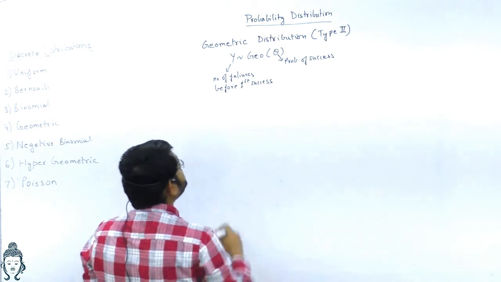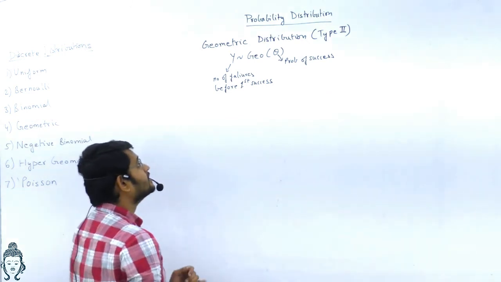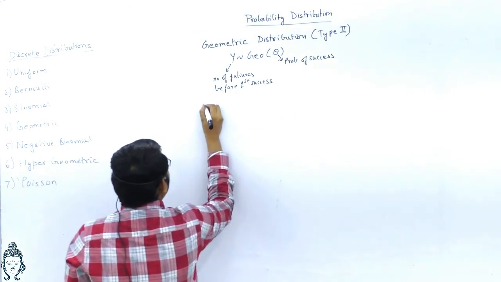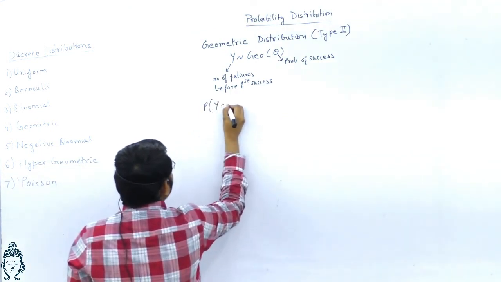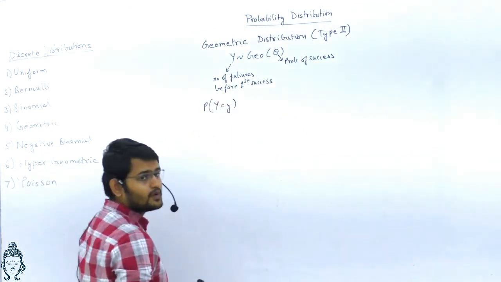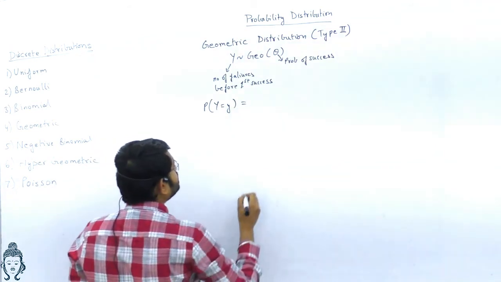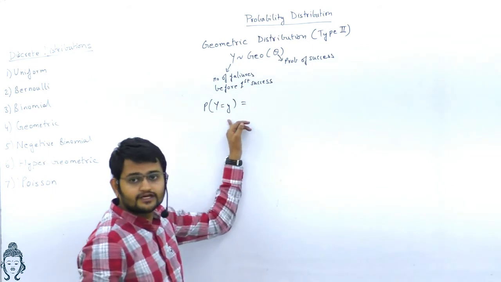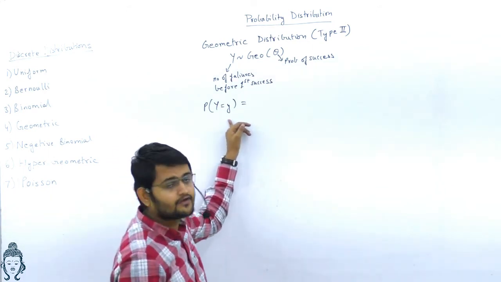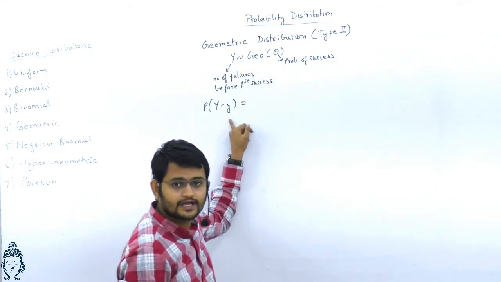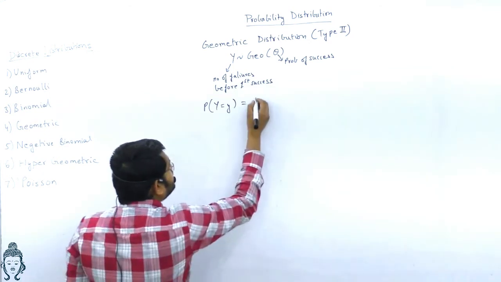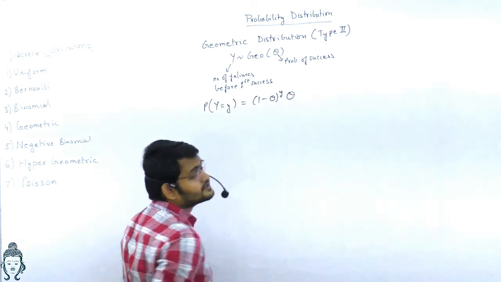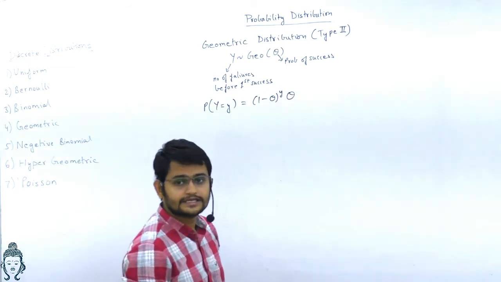So the number of failures before our first success, that becomes y. Now the probability that y is equal to a particular value y: if I have total y failures and then a success, I have total y plus 1 trials. So I have y failures, (1 minus theta) raised to y, and then a success, which is theta.